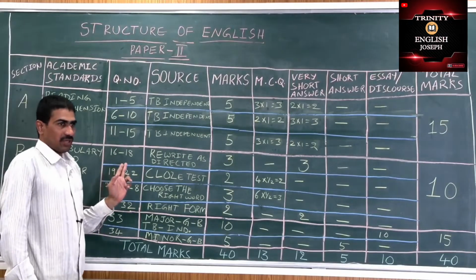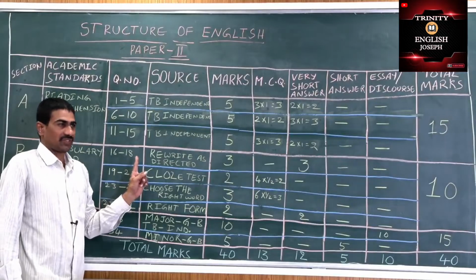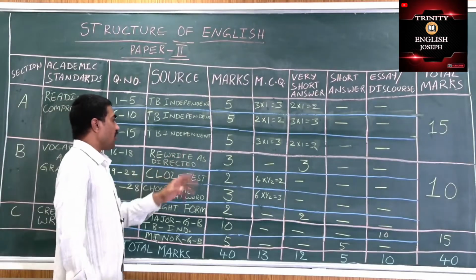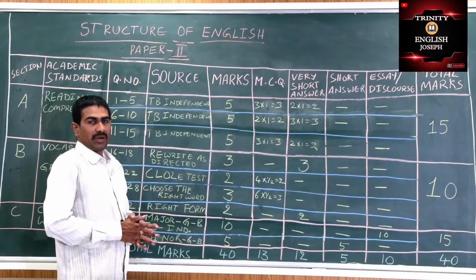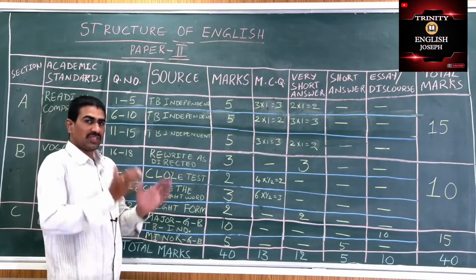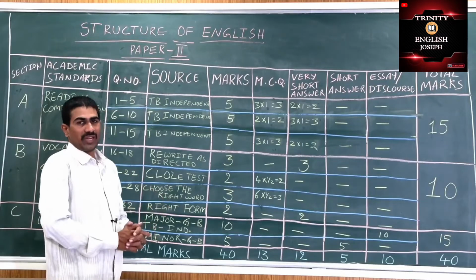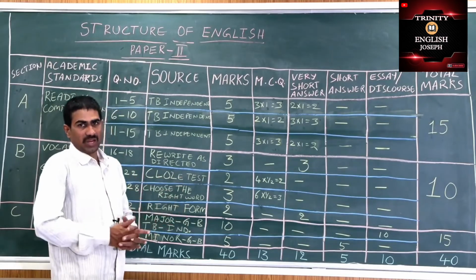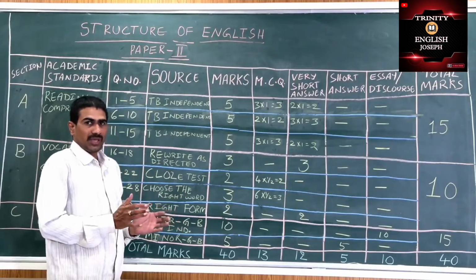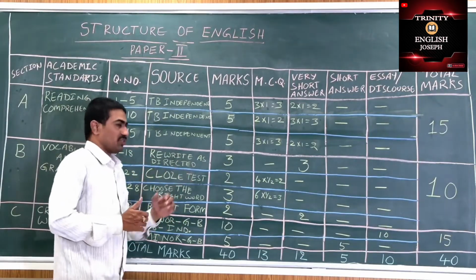Here we have questions 16 to 18, 3 questions: rewrite as directed, grammar, active voice, passive voice, direct and indirect speech, simple, compound and complex sentences, transformation of sentences, degrees of comparison, if clause. So there are so many other kinds of questions given here.